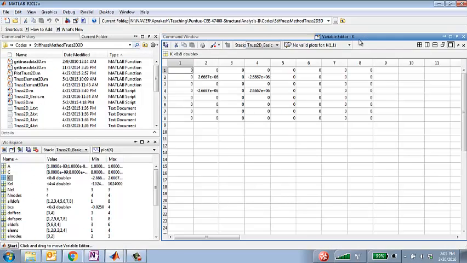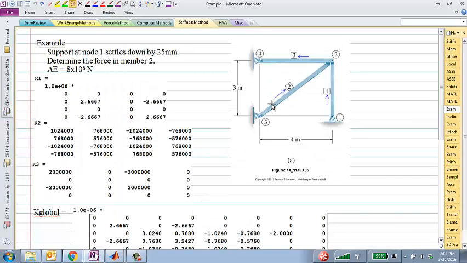So we'll go to the K editor. It's an 8 cross 8, mostly zeros with these entries that were added to it from element 1. I'll add element 2, and let me ask you this: what rows and columns would change? Element 2 is connected to nodes 2 and 3.